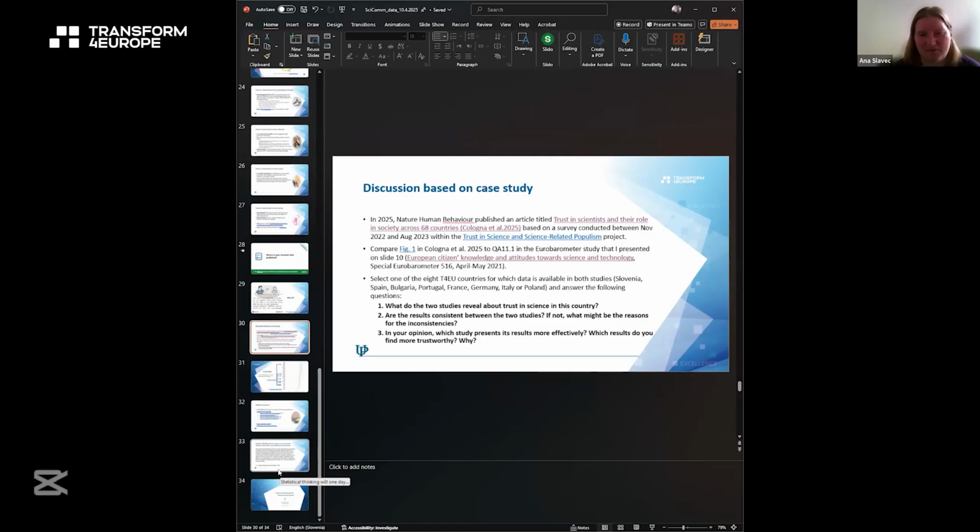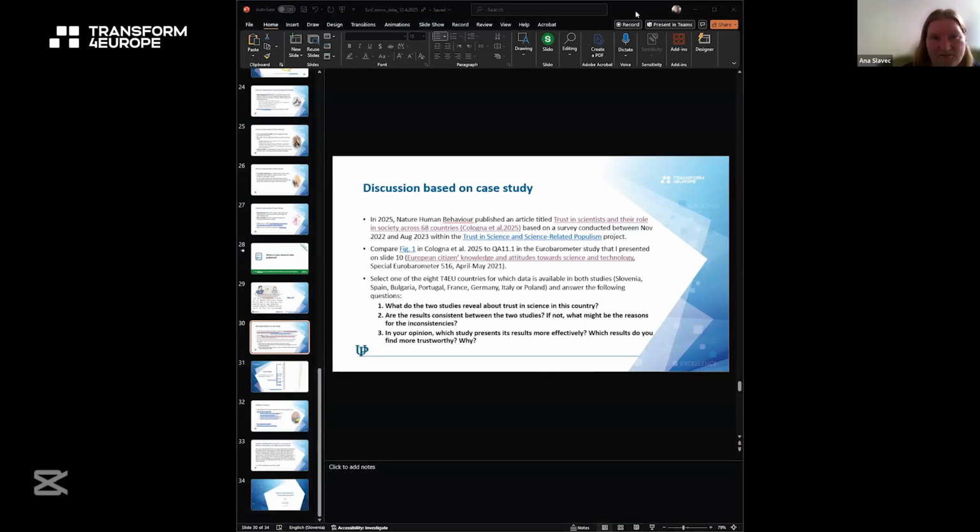We got some insight into the different things we look for when we are evaluating how much we trust. On one hand, we have this Nature Human Behaviour study, which is peer reviewed. It's published in a scientific journal, and what is also trustworthy is that all the data is shared, and the methodology is shared and explained.